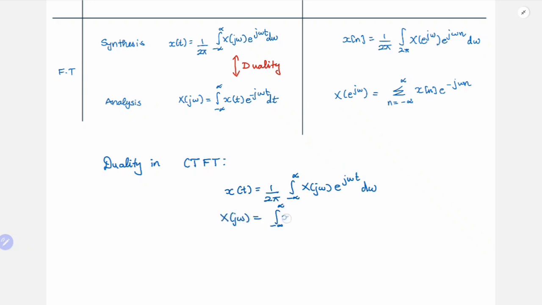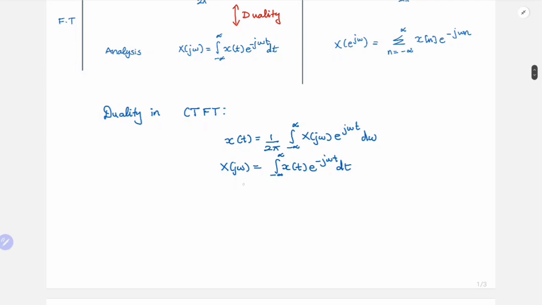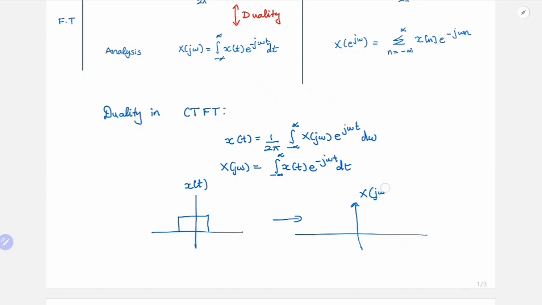Minus infinity to infinity x of t e power minus j omega t dt. So duality, what did we observe? Let's say my x of t is a square pulse, then we observed a signal of the form X of j omega, sine omega by omega form, correct? Which will be like this.